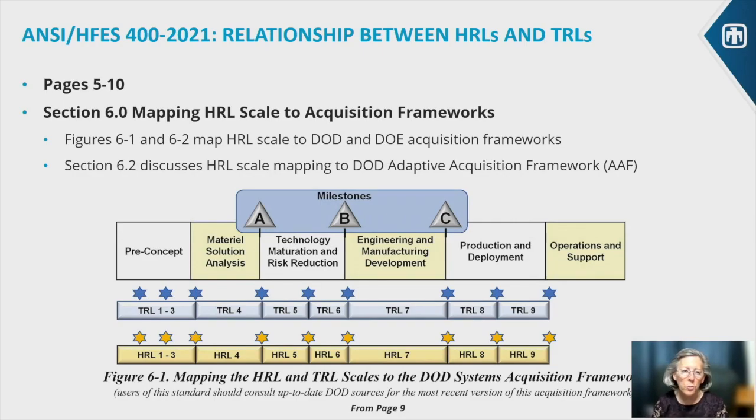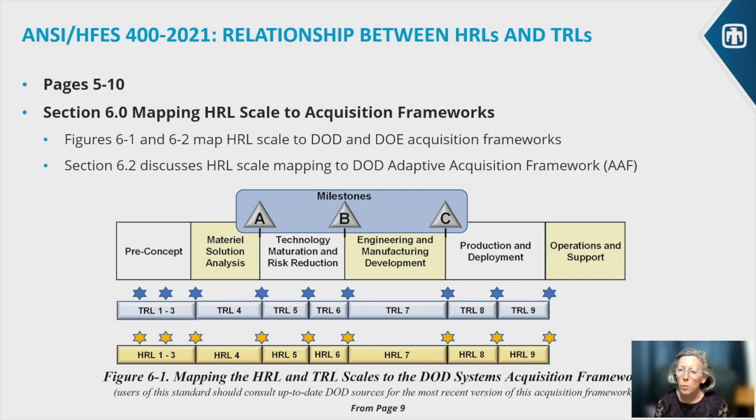Figure 6-1 is for the DoD, and figure 6-2 is for the DOE. Section 6.2 also discusses the mapping of the HRL scale to the fairly new DoD Adaptive Acquisition Framework. It was very new at the time we were developing this standard, and we decided to go ahead and address it. And there is an appendix in the standard that talks in more detail about that mapping.